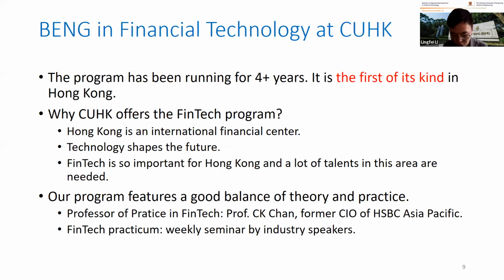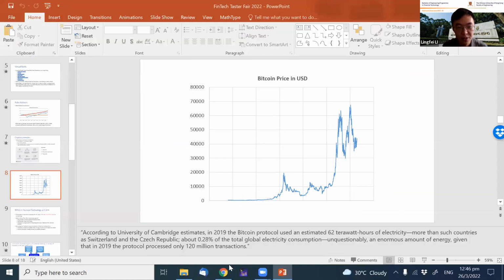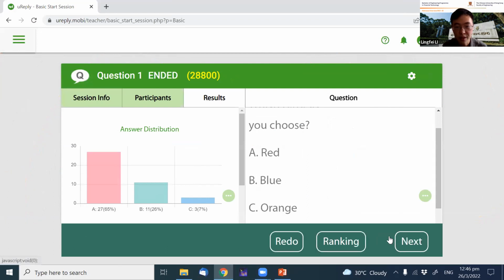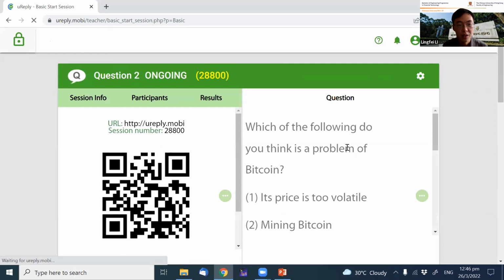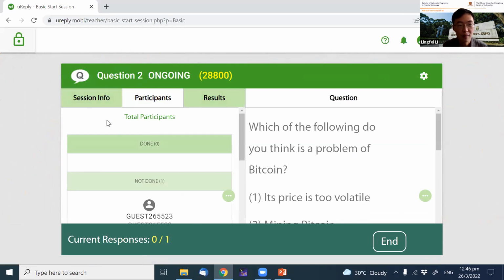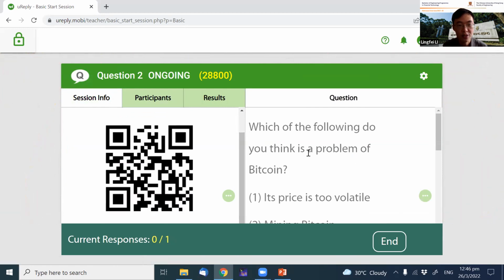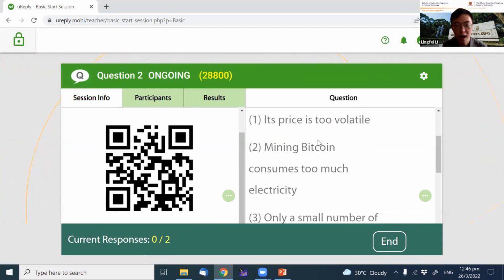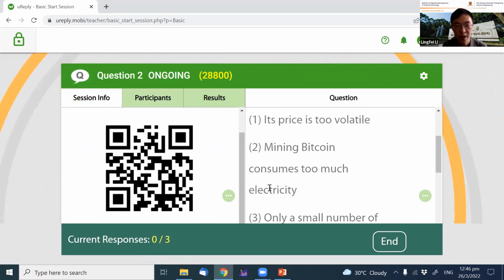But of course, there are also many problems with cryptocurrencies. I will ask you the next question and you reply. If you haven't quit your browser, I think you can already see this question. Here I give you three things which are potentially problems for Bitcoin.